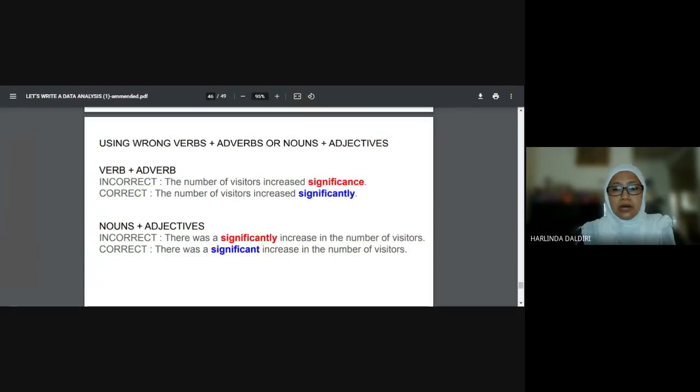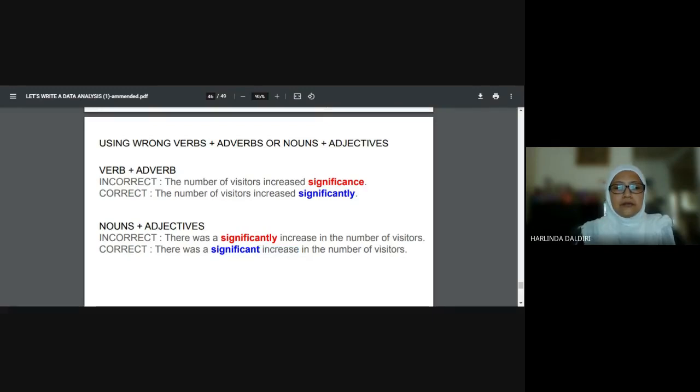Significance is a noun, so it cannot come after the verb increased. Or it can be the other way around. Incorrect: There was a significantly increase in the number of visitors. Should be: There was a significant increase in the number of visitors. This is an adjective, this is a noun. Increase in this sentence is a noun. It's not a verb.